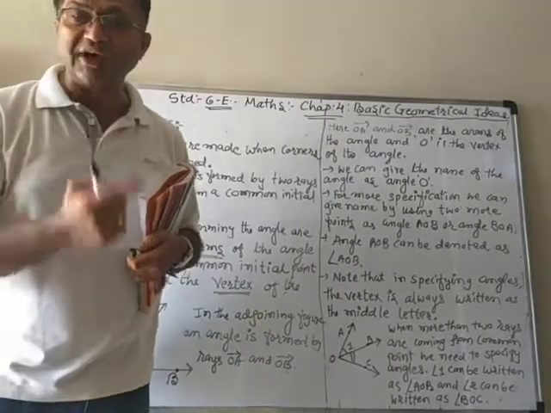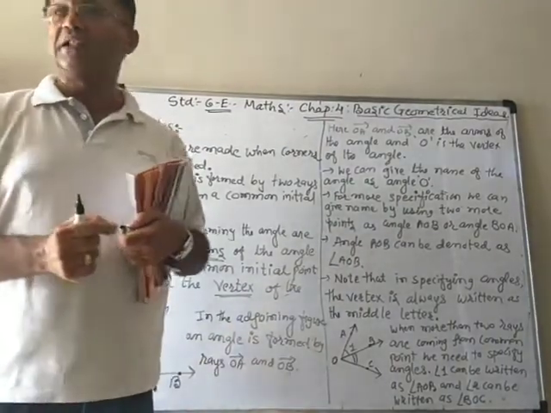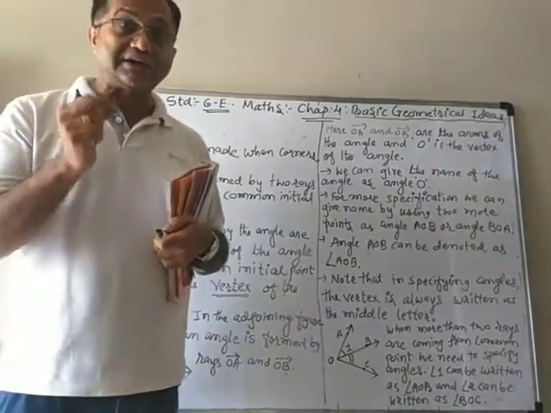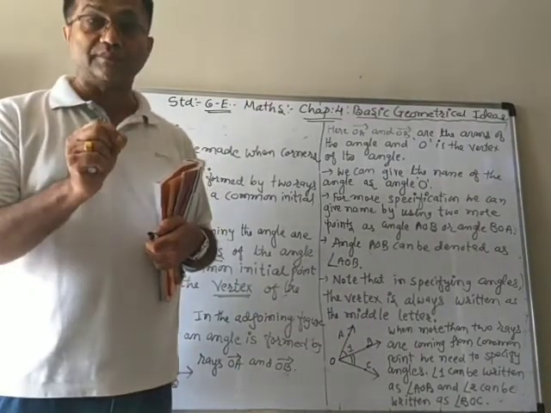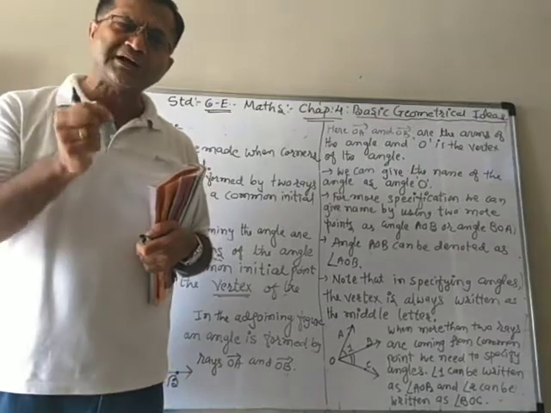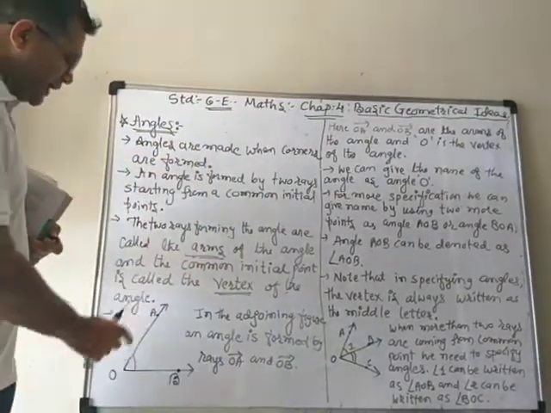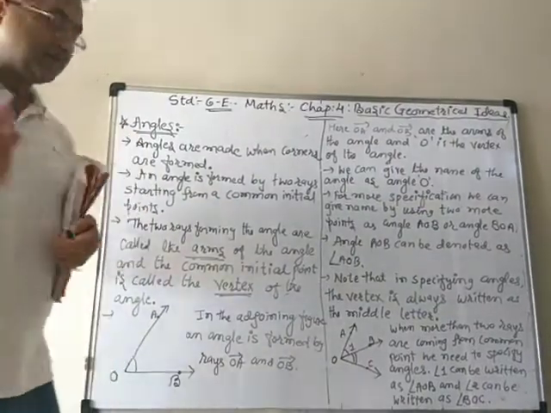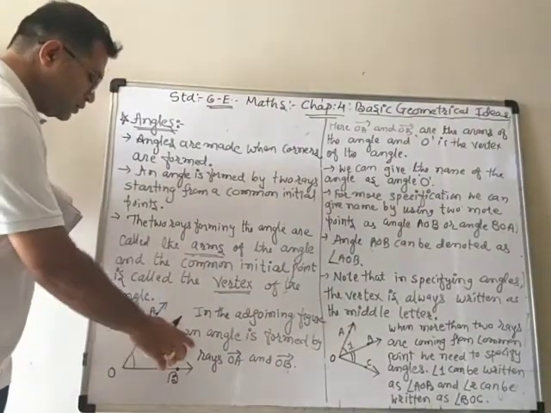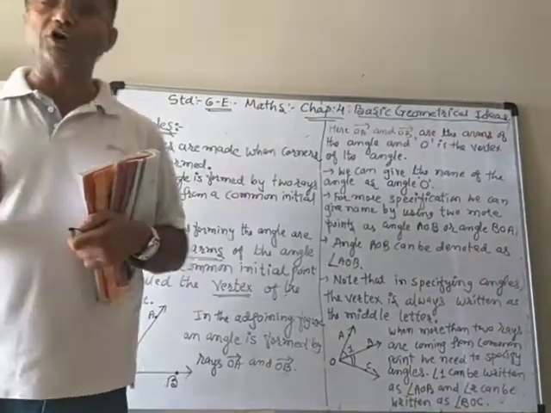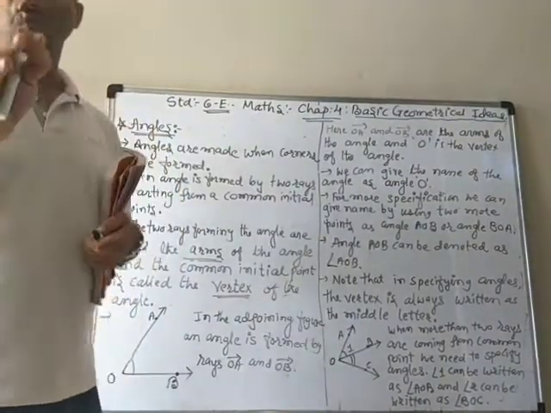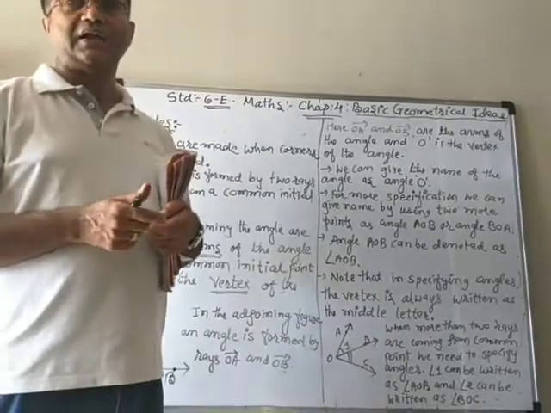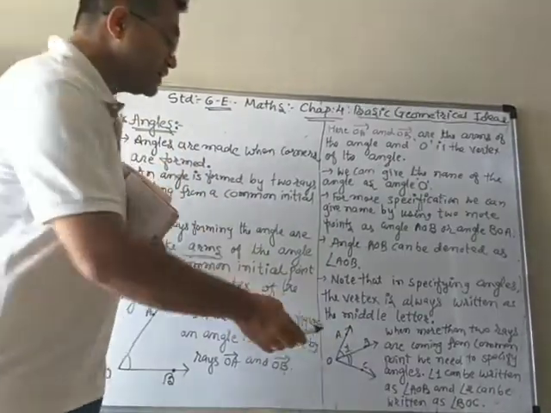Whenever you specify the name of an angle, you have to be careful that the vertex must be in the middle. If you write OAB, it is wrong. If you write ABO, then also it is wrong, because which is the vertex? The vertex is O. So whenever you write the name of the angle, the vertex must be in the middle.